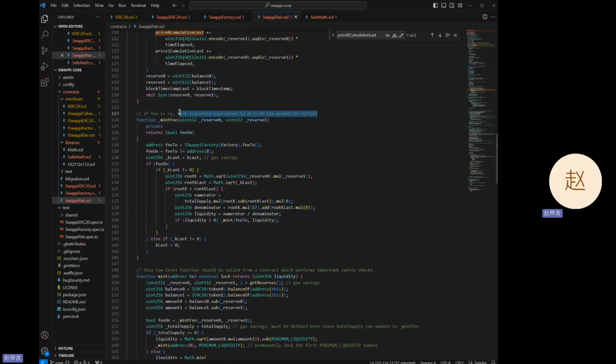In Swappi's case, we will mint 8 by 25 of the growth in the square root of the K. And here is the mathematical calculation. If you're interested, you can put it in your note drafts, and try to scratch it and analyze it.